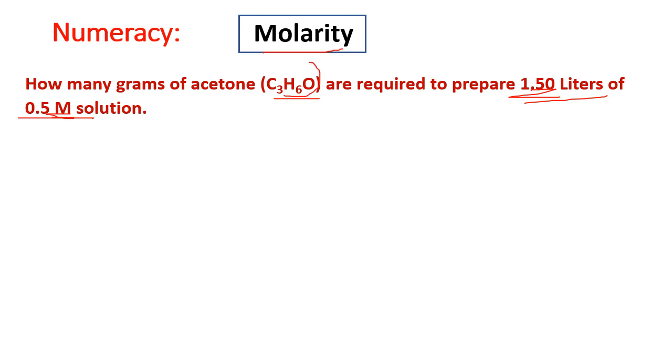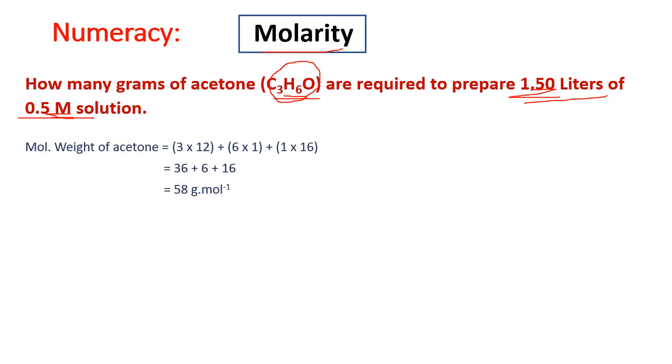Whenever we have a compound, first we need to calculate its molar mass. So here, the molar mass would be 3 times 12 plus 6 times 1 for the hydrogen plus 1 times 16 for the oxygen. You calculate them and then you get 58 grams per mole. Take care whenever you calculate the molecular weight of any compound. Kindly elaborate your answer in a stepwise manner as it's shown here in order to guarantee your marks.